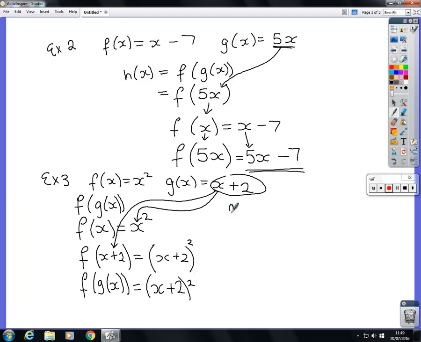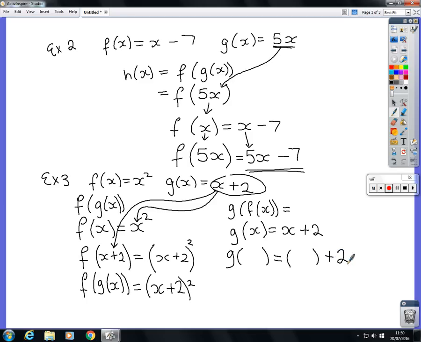We can do this the other way round. G of f of x, which means apply f before g. Copy down the function g of x, which was x plus 2, and insert f of x into the bracket. You can also leave a space here where x was to insert.